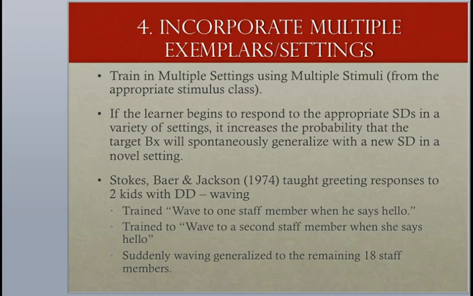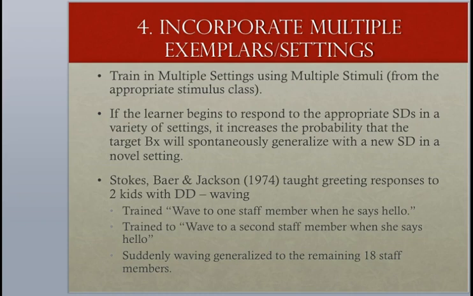All right. Incorporating multiple exemplars and multiple settings. The more examples you use and the more settings you train in, the more likely you are to get spontaneous generalization, and the more likely you are to actually develop a stimulus class or expand your stimulus class.